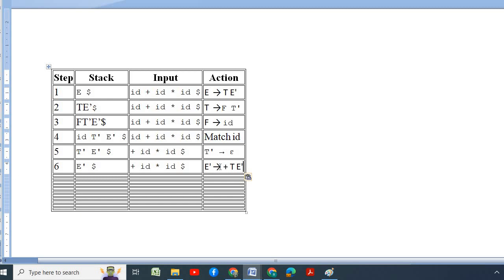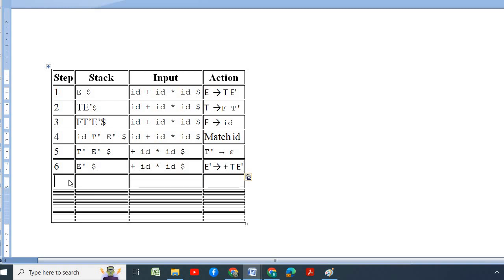Now we have to place plus T E dash in the place of E dash like this. Now there is a match for this. So we have to repeat the steps till we get the final state.